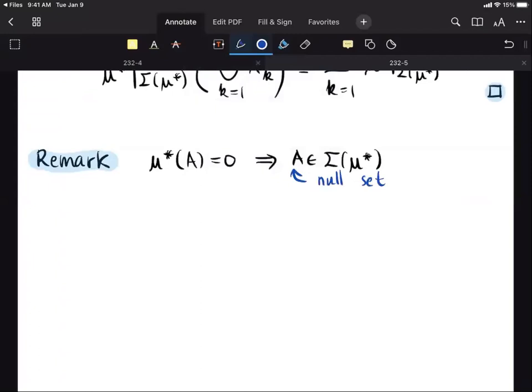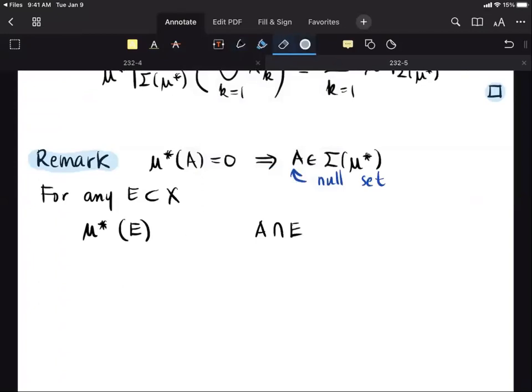To prove this, it is enough to know that A is larger than A intersection E. What is E? E is any subset of X. So A intersection E is smaller than E. Taking the outer measure, the outer measure of E would be larger than the intersection.